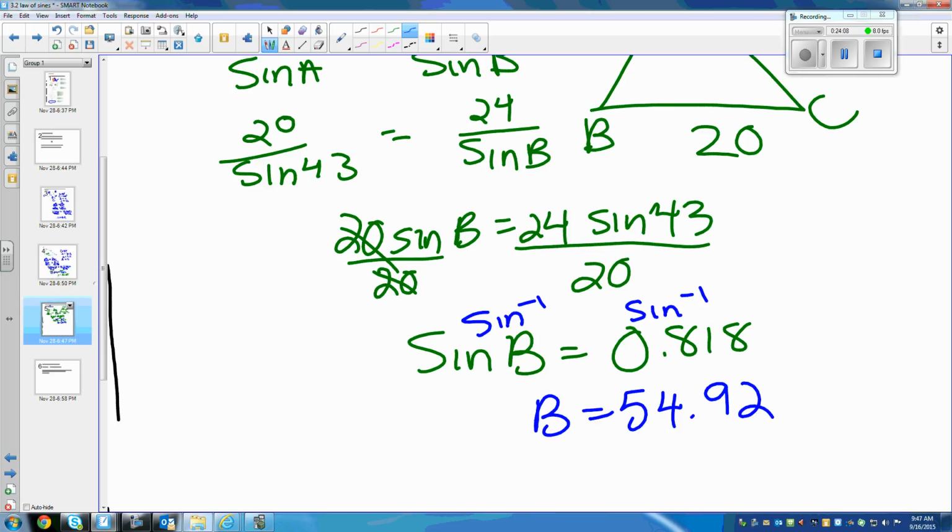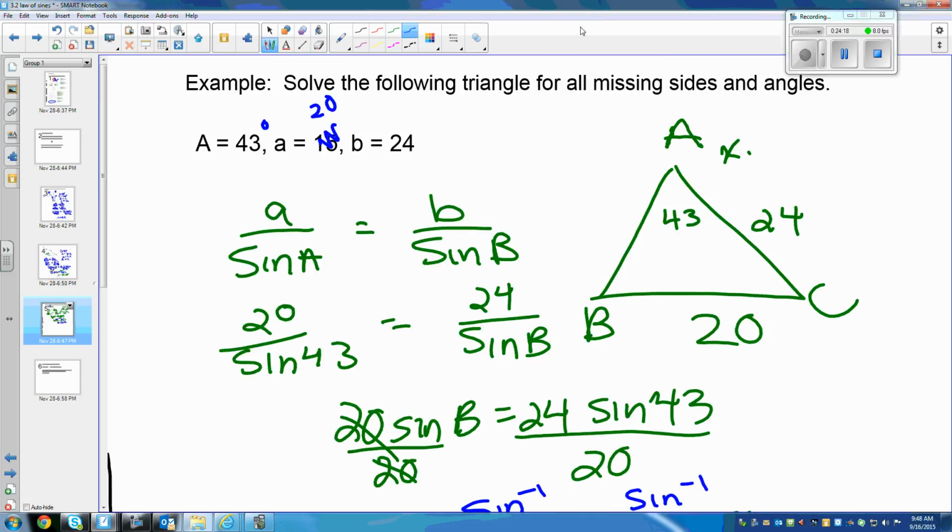We're going to solve for C right away. So I have angle B. Are we good with that? 54.92. There's some decimals that carry along there, right? So I can come up here and put 54.92, okay?